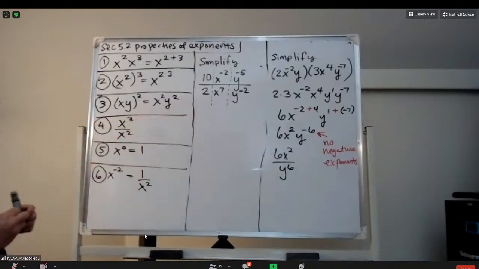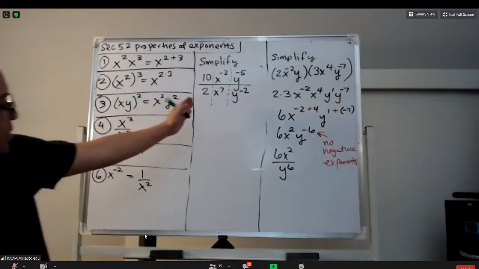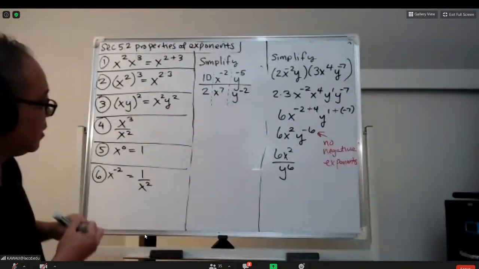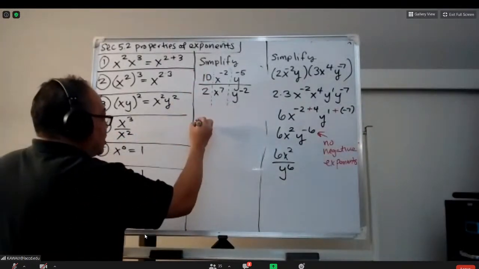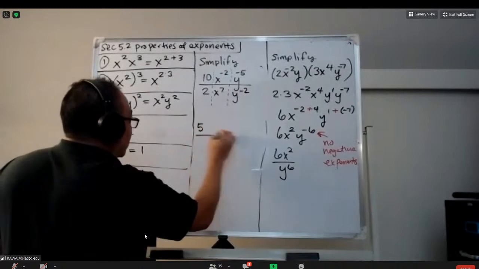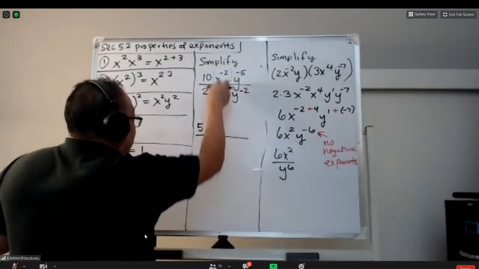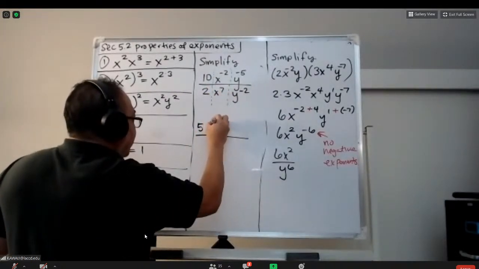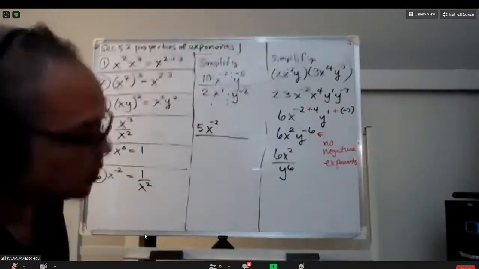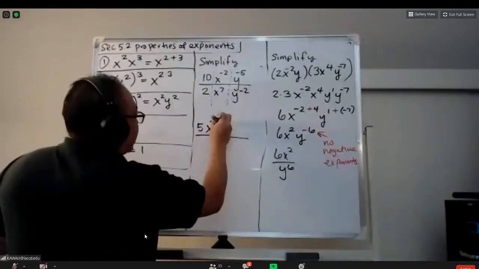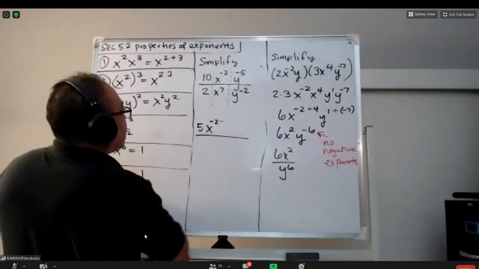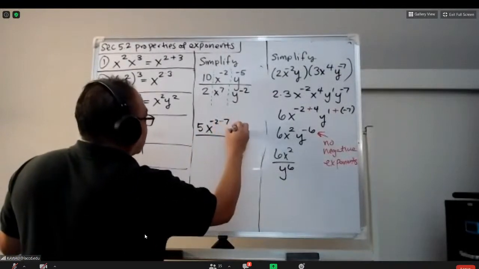Now, what I want to do is think of this as 3 separate problems. So 10 divided by 2 is 5. And whenever we have a division, we do the top number minus the bottom number.